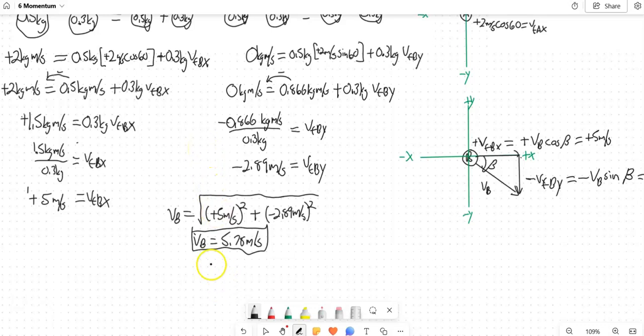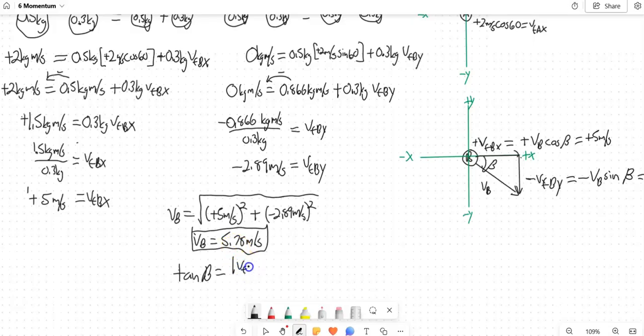All right. Now let's figure out what the angle beta is. Okay, so for that angle beta, I'm going to do the tangent of beta. That is going to be equal to the y direction over the x direction.